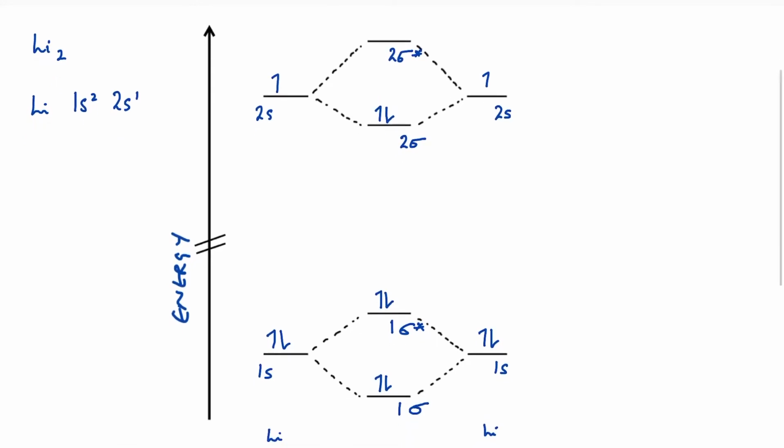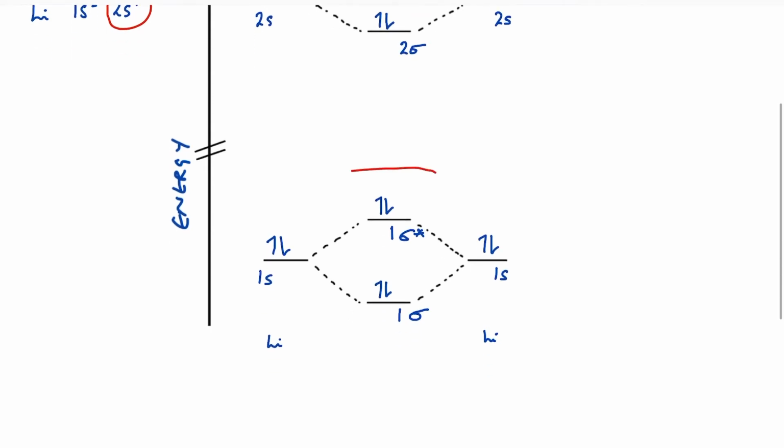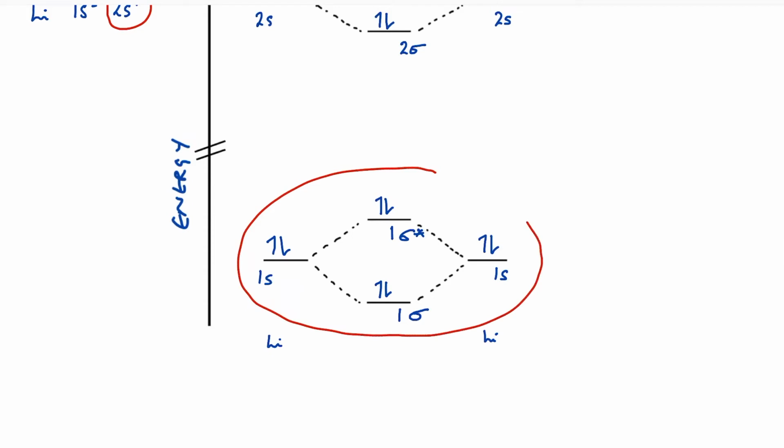First of all, when we're talking about bonding, we tend to focus on the valence electrons. They're the ones that are getting involved in bonding, and we can see that here. Because if I look at my 1s orbitals combining to make my 1 sigma and 1 sigma antibonding molecular orbital, then I can see that the bond order at this point equals 0 because I have filled both the bonding and the antibonding orbital.